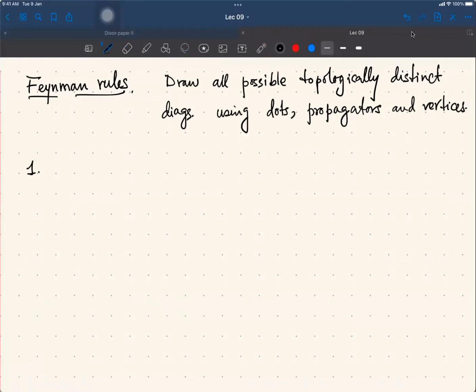Then, to find the mathematical expression corresponding to that, number 1, for each source, write I integral dx jx.